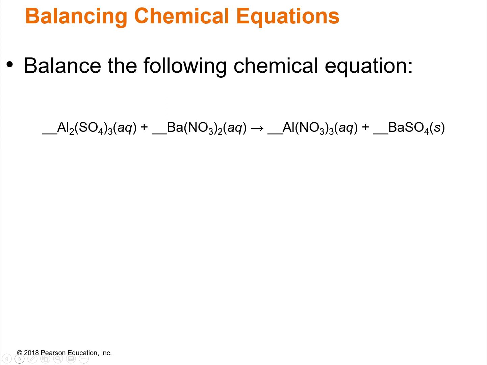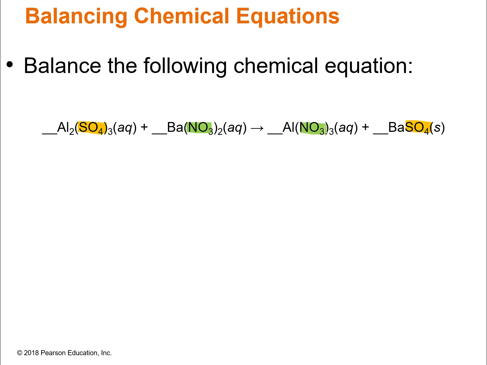Let's do one with some polyatomic ions. You check and make sure that these ions are still intact on both sides. So here's my sulfate ion, SO4, and it's intact. SO4 there. There's my nitrate and my nitrate.